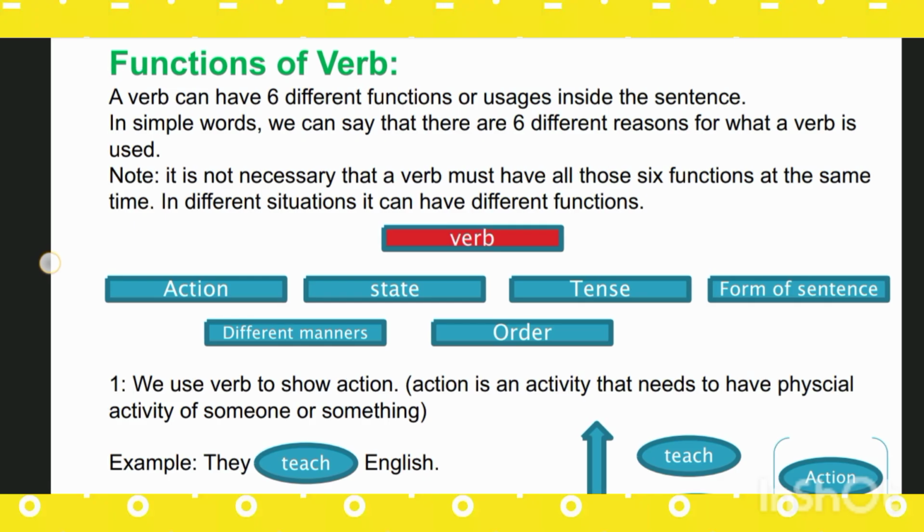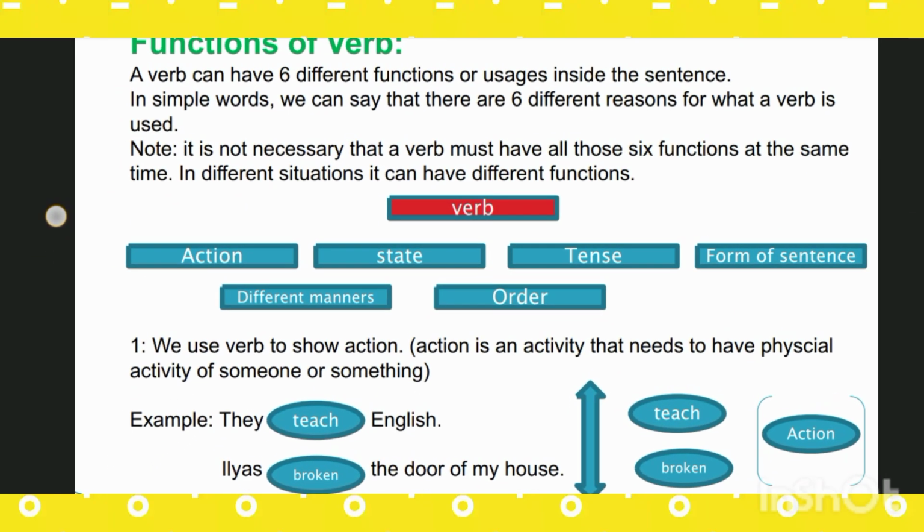You have to see my screen. There are six things, but four are important: verb actions, verb state, verb tense, verb for sentence, and different manner and order.